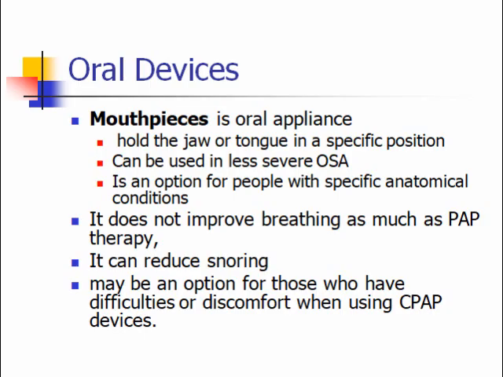So if your biggest problem is snoring, your partner might appreciate these oral mouthpiece devices. And it's also an option for some people that just don't want to use the CPAP or can't use the CPAP. It's only going to be used if it creates enough opening to prevent you from having those apneas.